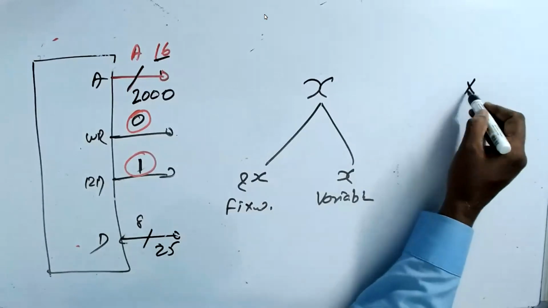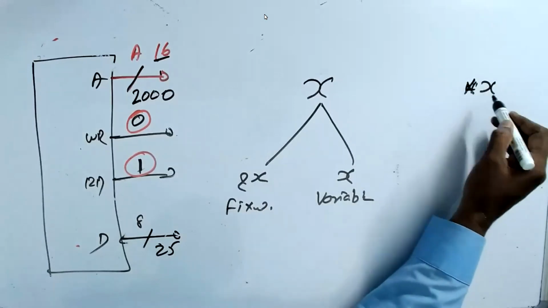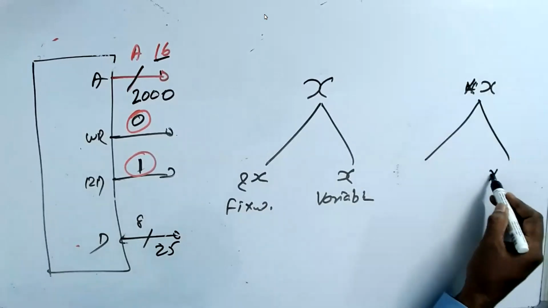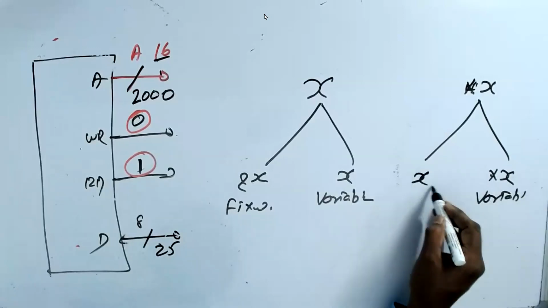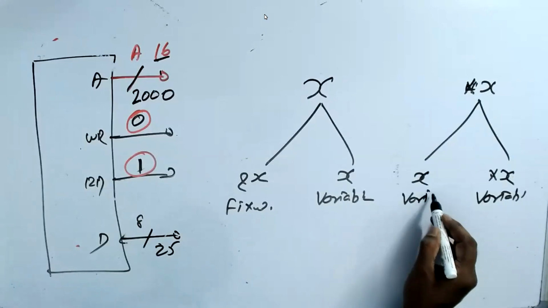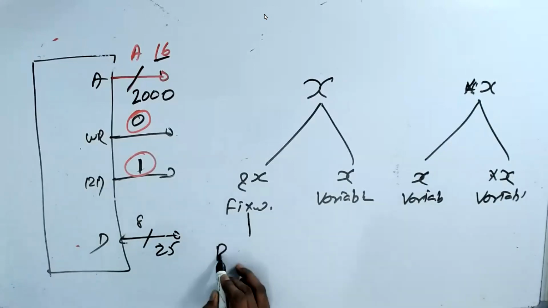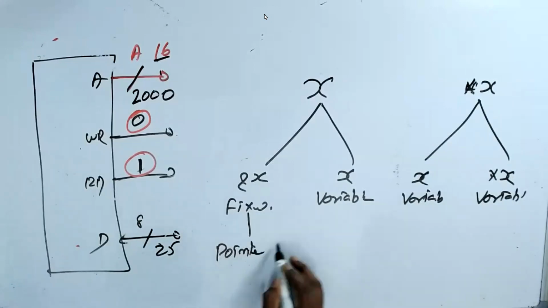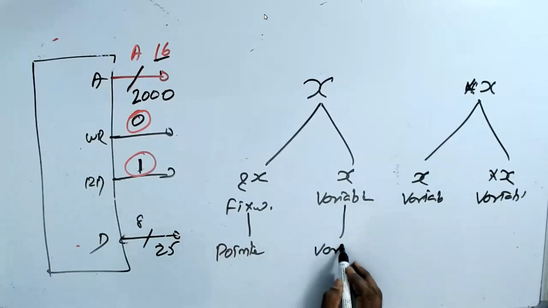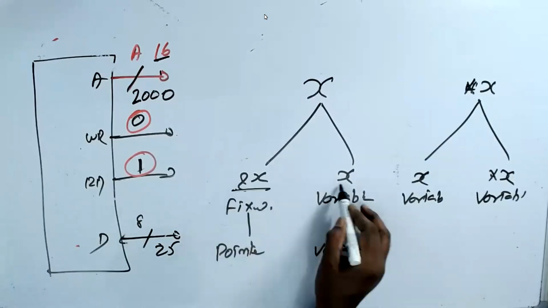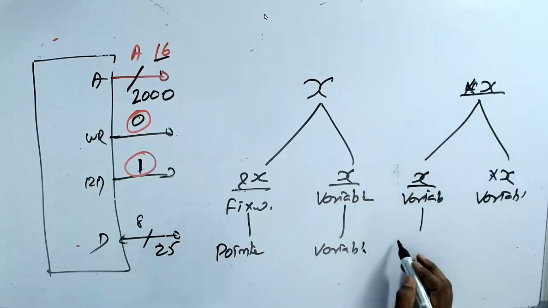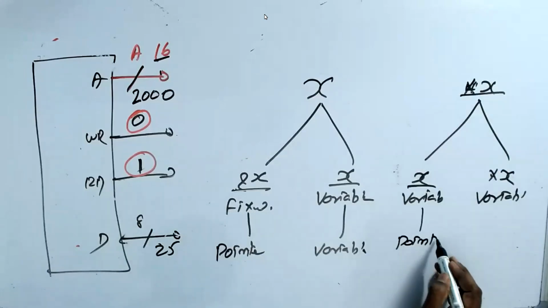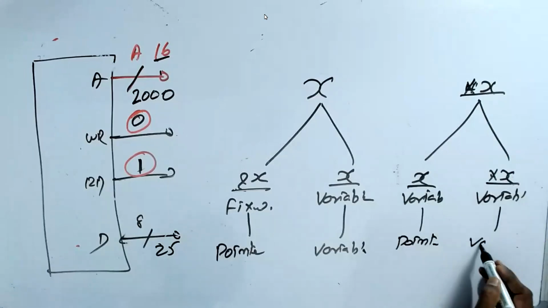In the case of *x, the pointer is variable and the data is variable.